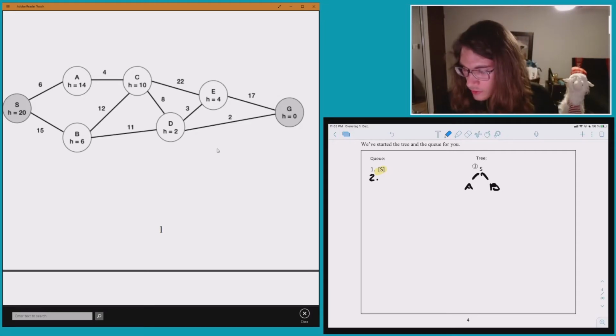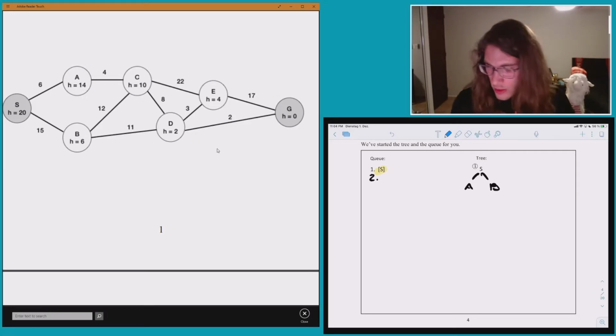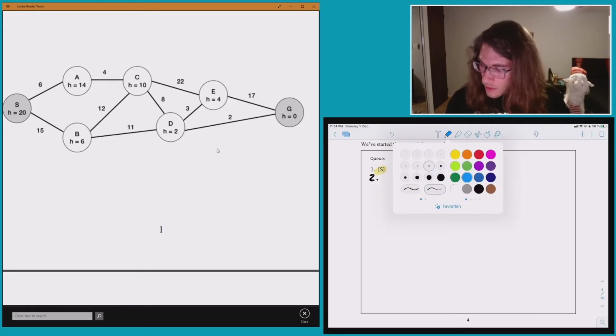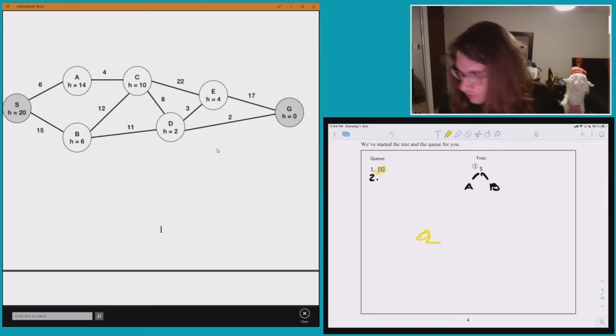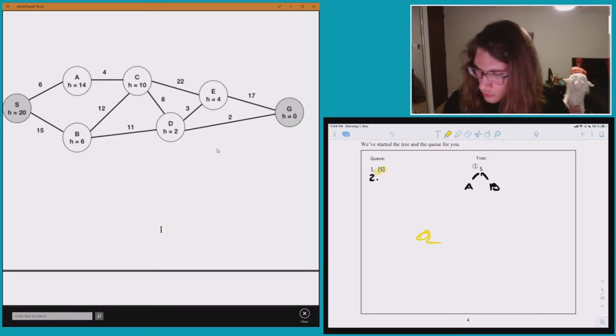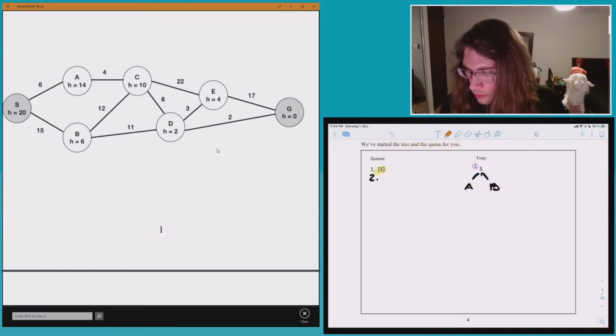I'll switch to orange in the spirit of keeping the original color coding I was using. So this is 6, and this path length for B is 15.